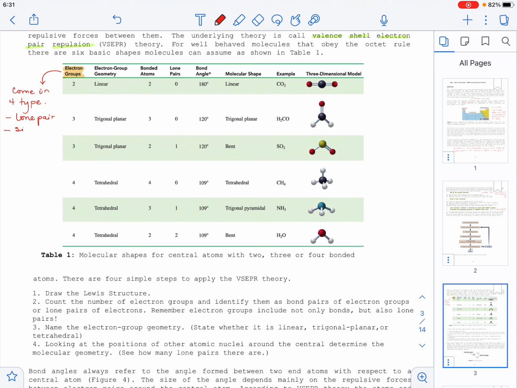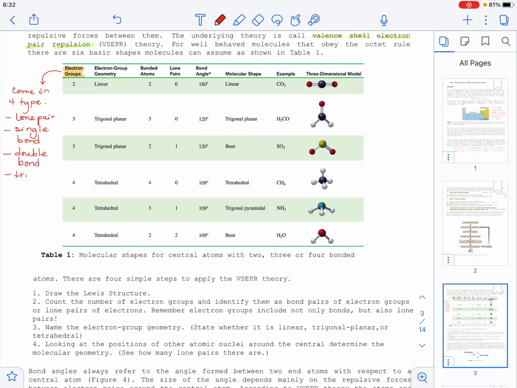A single bond represents one electron group. A double bond represents one electron group.